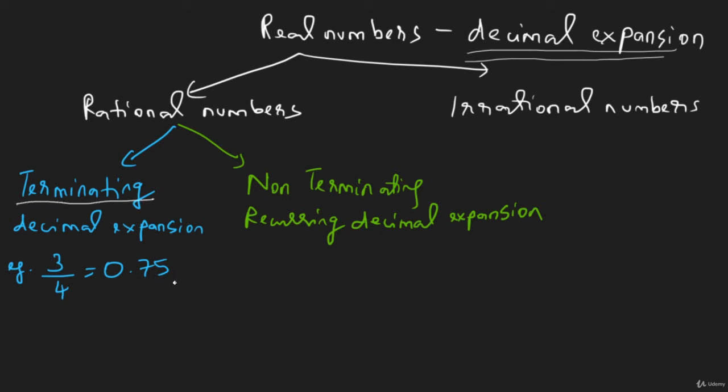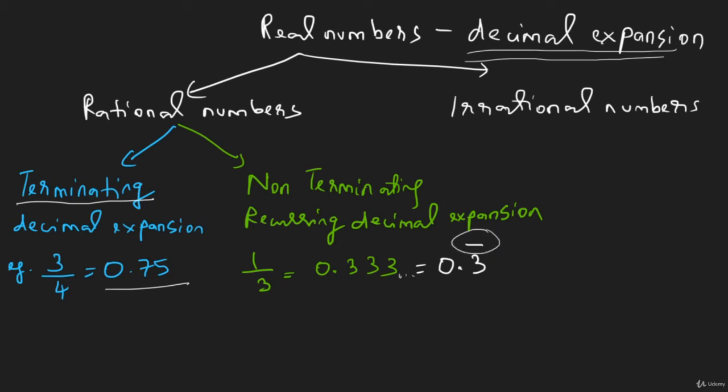So it's exactly 0.75 and it stops, right? So it's a terminating decimal expansion. Now if you take the fraction 1 by 3, you will see that it's 0.333 and it keeps going on like this. It never ends. And we can write this type of a decimal expansion as 0.3 with a bar above the repeating part.